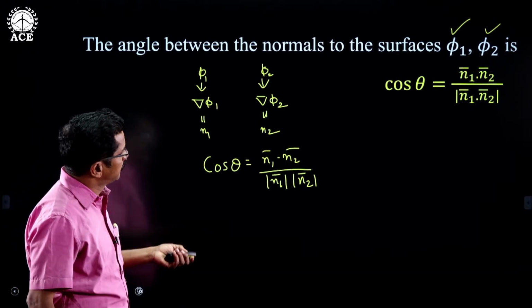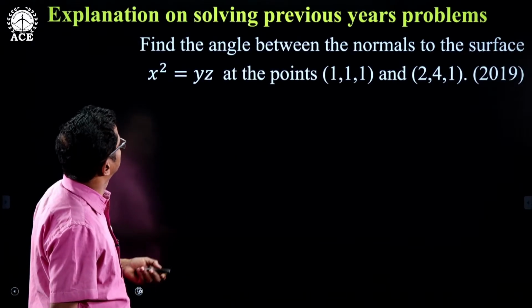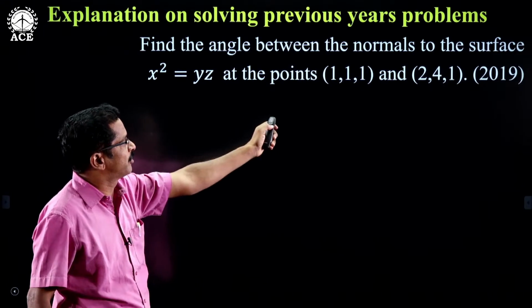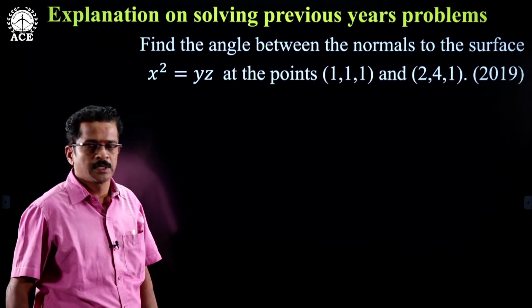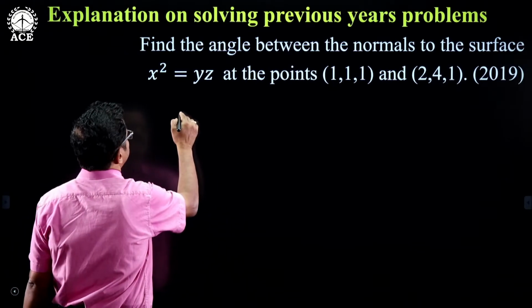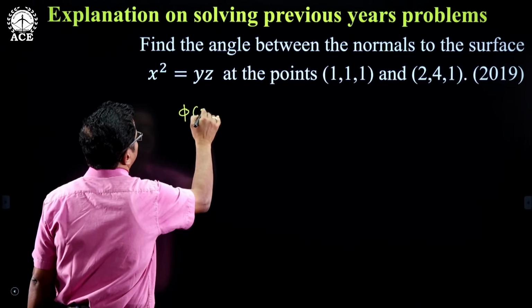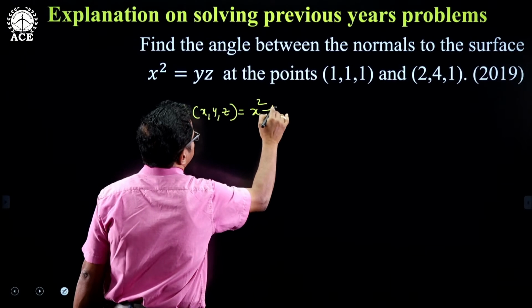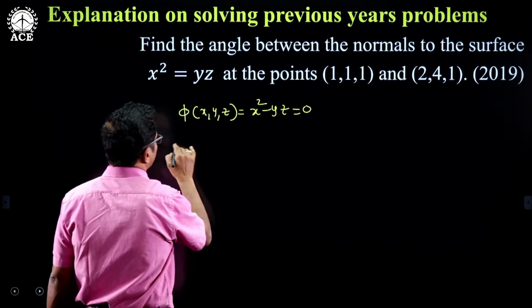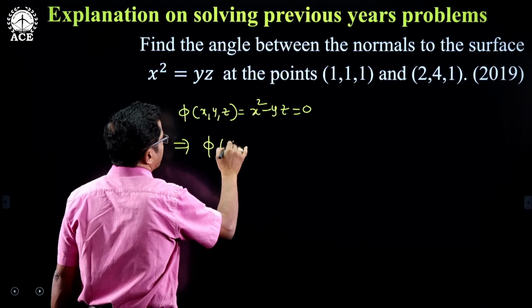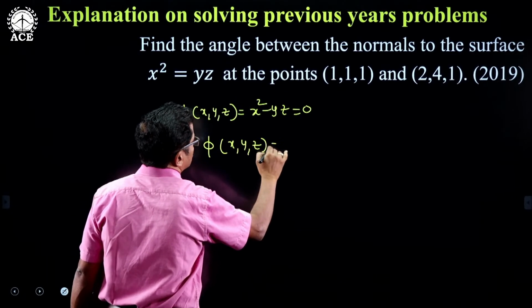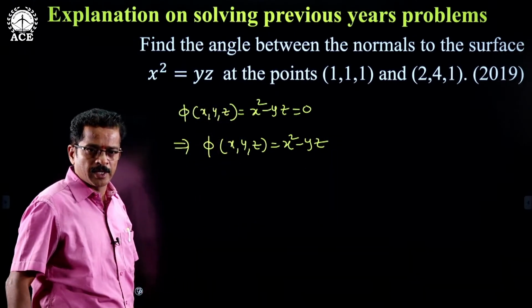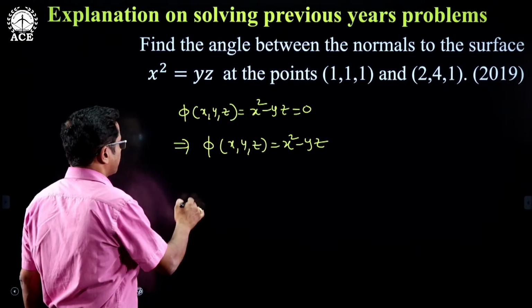Right. Now let us see one problem on this. Find the angle between the normals to the surface at the points 1 1 1 and 2 4 1. The surface function phi of x comma y comma z is equal to x square minus yz equals 0.